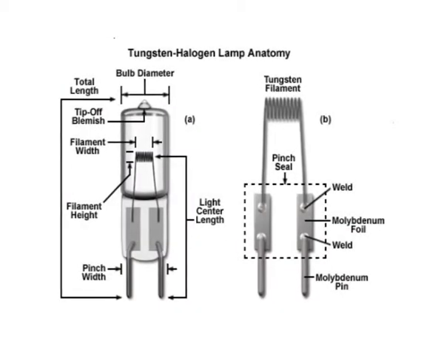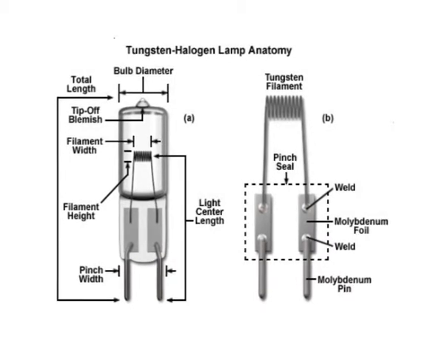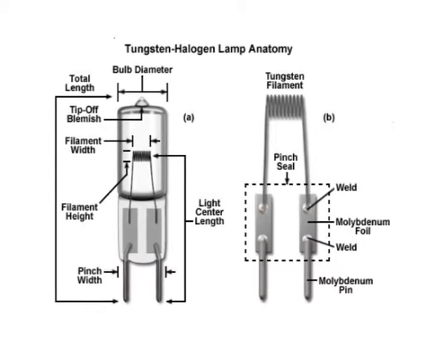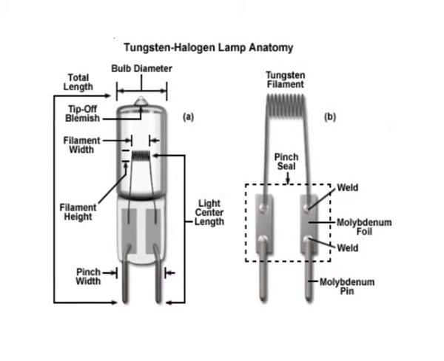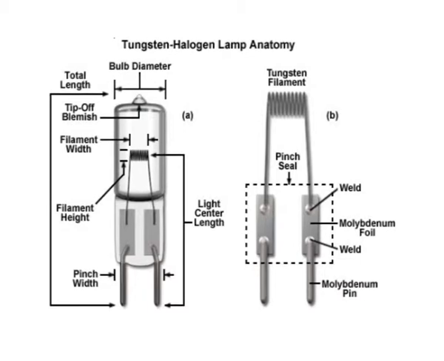Halogen gas prevents evaporation of tungsten. They are generally useful for measuring moderately dilute solutions in which the change in color intensity varies significantly with changes in concentration. It has long life, about 1200 hours.